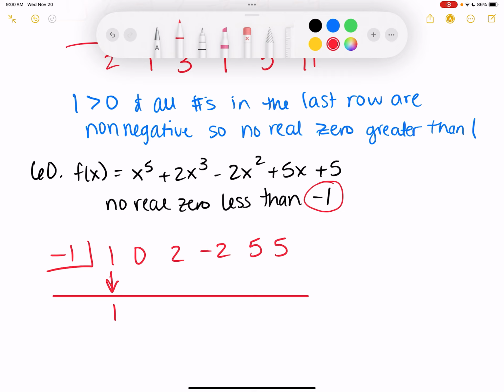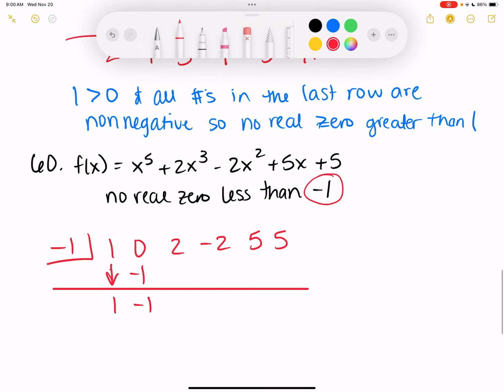So 1 times negative 1 is negative 1, plus 0 is negative 1, times negative 1 is positive 1, plus 2 is 3, times negative 1 would be negative 3, minus 2 is negative 5, times negative 1 is positive 5, plus 5 is 10, times negative 1 is negative 10, plus 5 is negative 5. So down here, I've got non-negative, non-positive, non-negative, non-positive, non-negative, non-positive. And again, I'm saying that because 0 can fit either of those requirements.